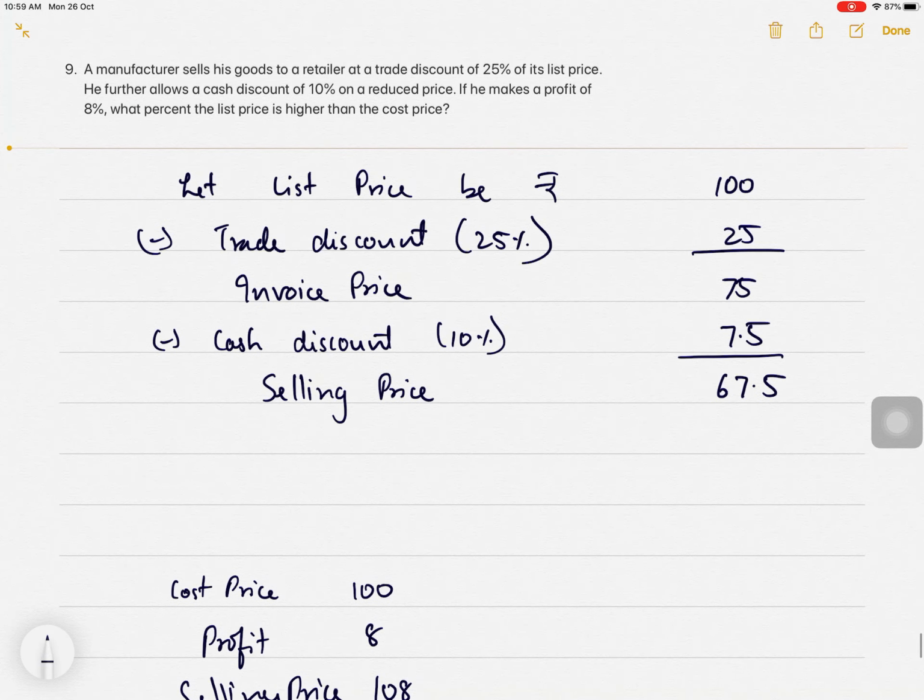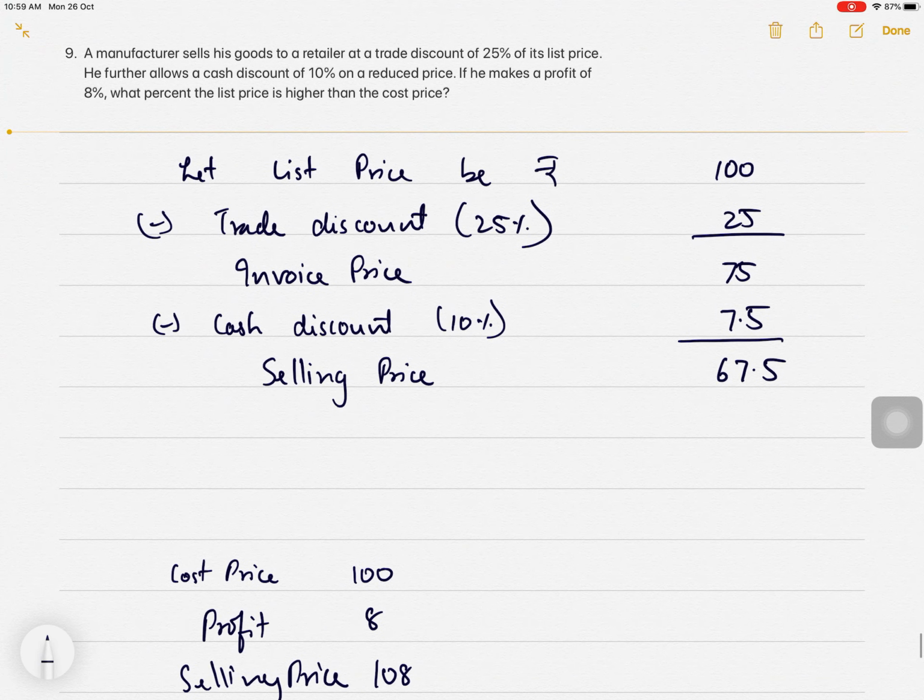Correct? Because he is making a profit of 8%. But here selling price is 67.5. So, this is my 108. Profit will be 8, which I don't know how much it is.